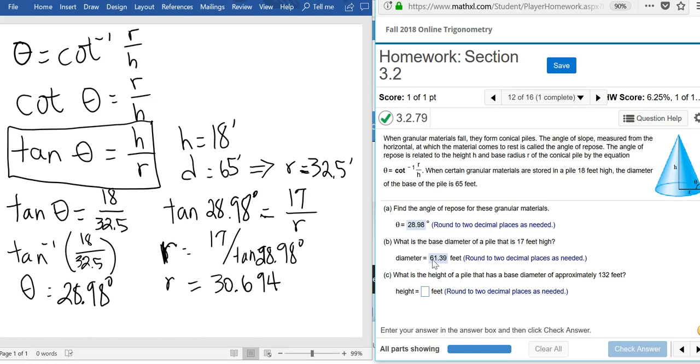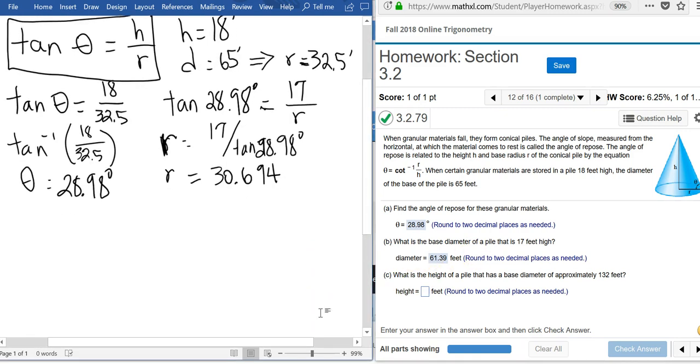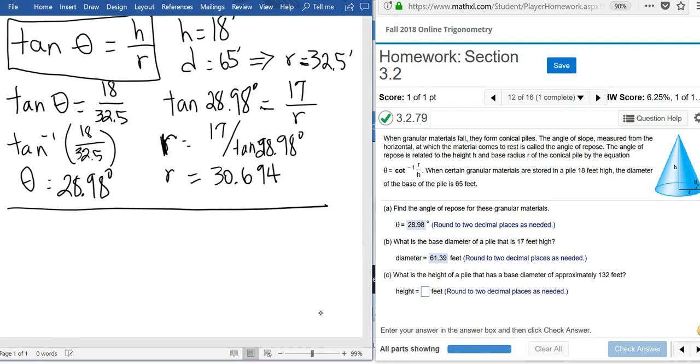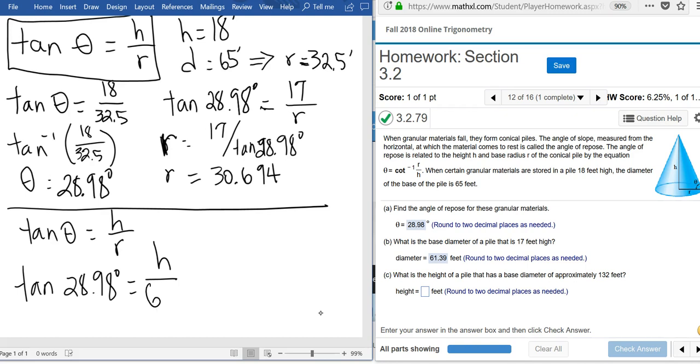Okay. And then finally, the last one is similar here. Again, I'm using tangent theta is equal to h over r. I still know that theta is 28.98 degrees. And now they want us to find the height if the diameter is 132 feet, which means that our radius is 66.